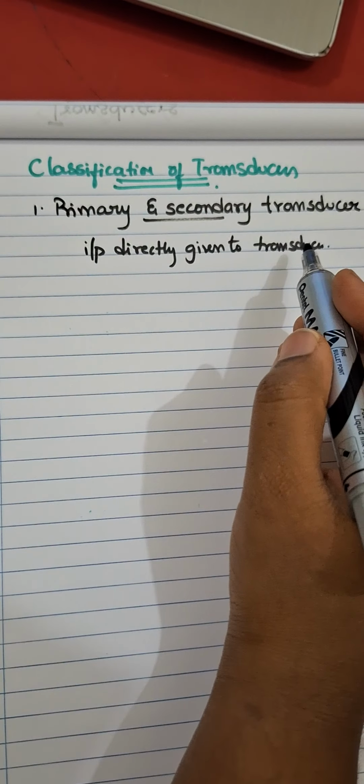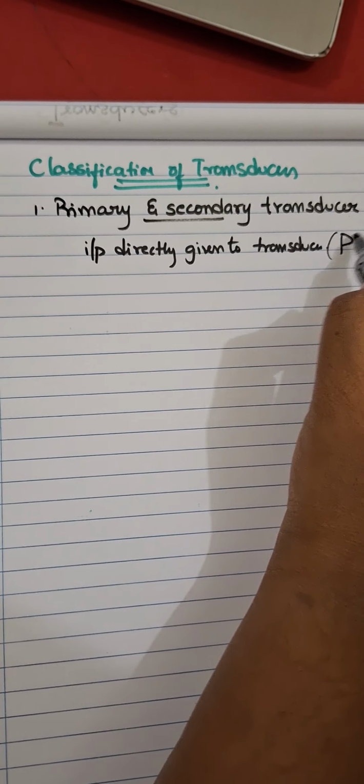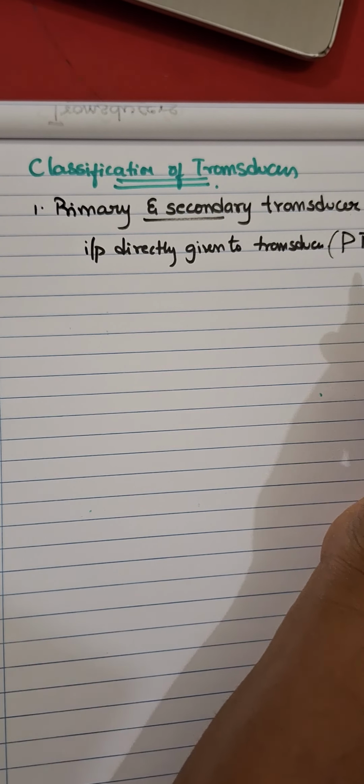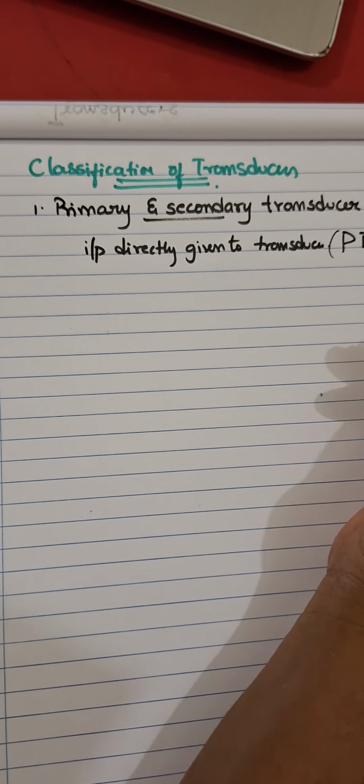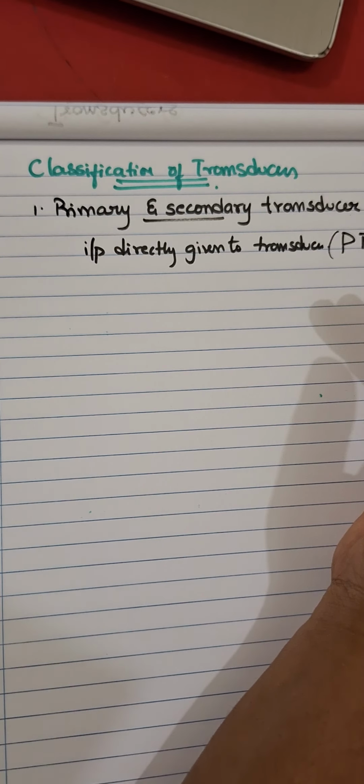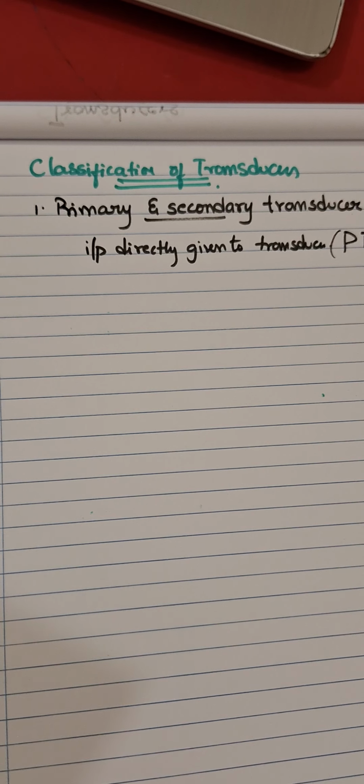That is called a primary transducer. For example, when you are using a thermistor to measure temperature, the thermistor can sense the temperature directly, and it causes a change in resistance. So the change of temperature will be displayed.